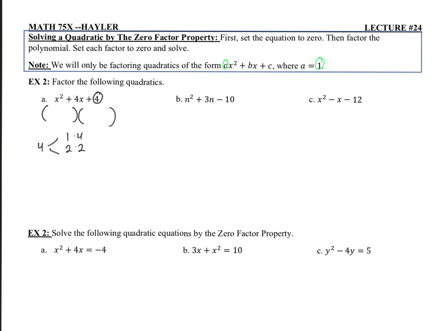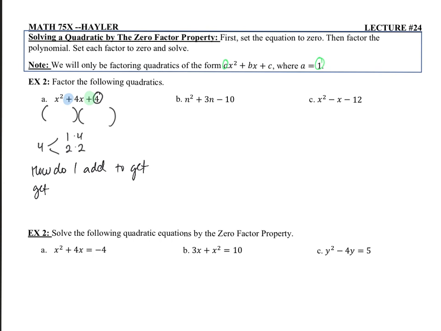Okay, so now what I want to figure out is how can I add to get a positive 4?